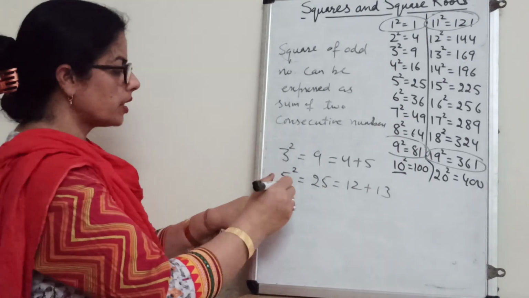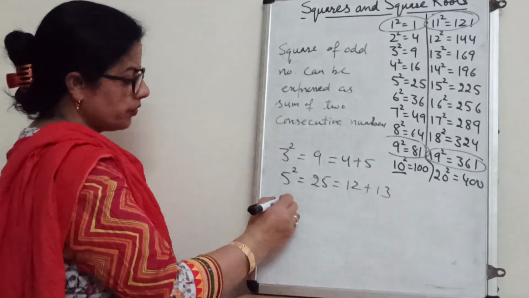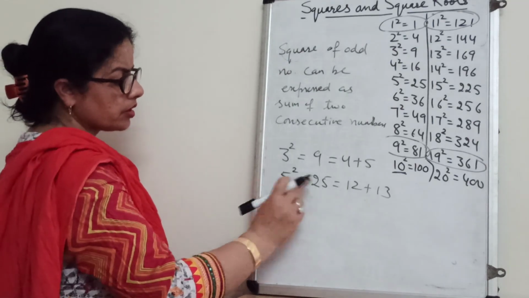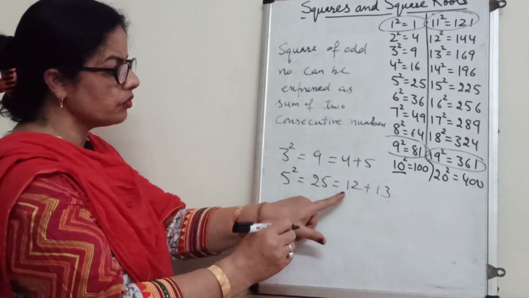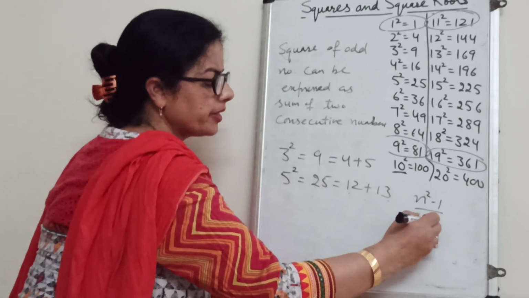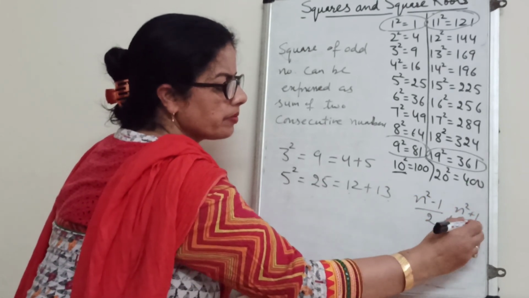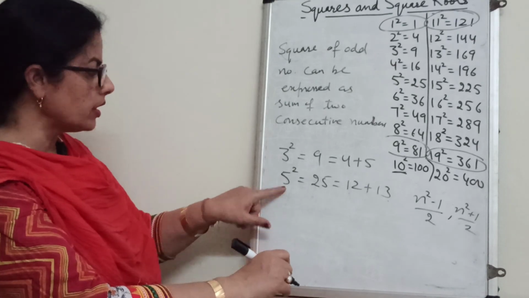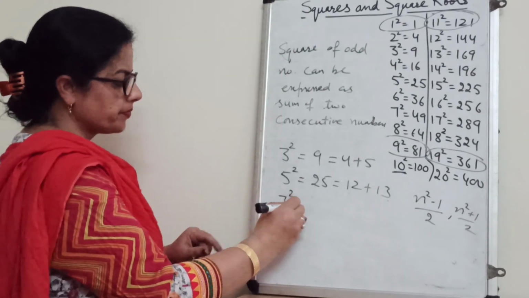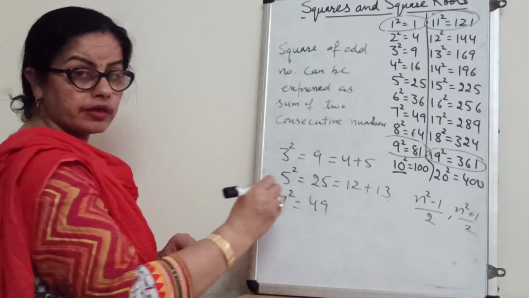How have we come to this? If there is n square, then you can do it orally also, or this is the way to find: n square minus 1 by 2, n square plus 1 by 2. Now suppose 7 square is there. 7 square is 49.